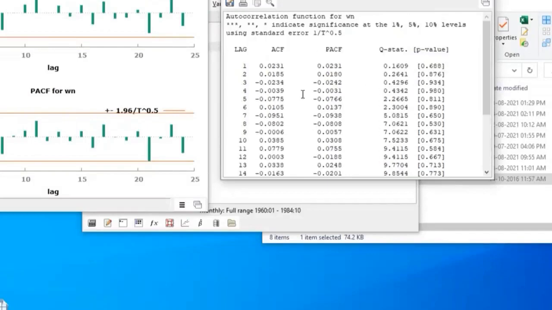Sir, just now you mentioned the decaying ACF. Could you throw some light on it with some example? And you were mentioning the white noise, right?